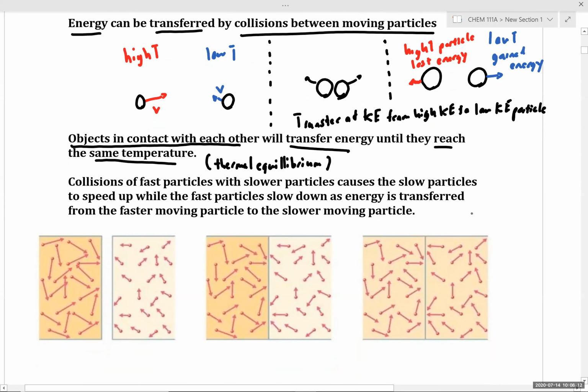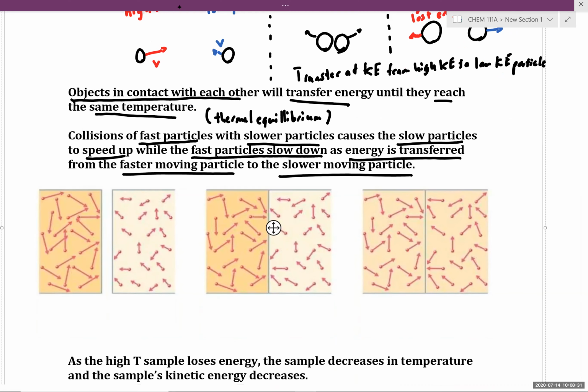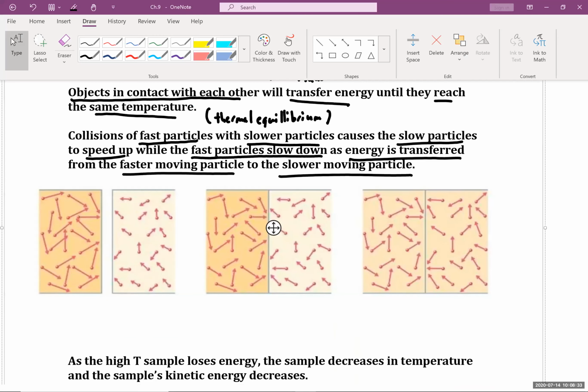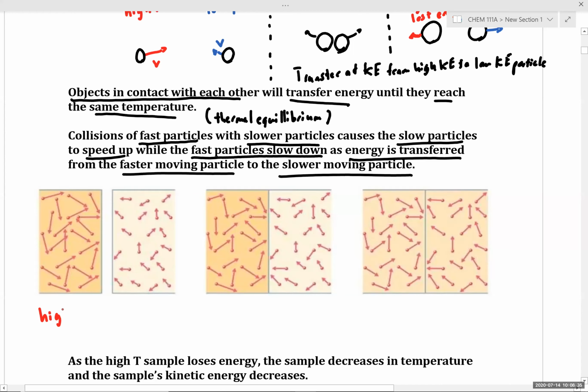So now collisions of fast particles with slower particles cause the slow particles to speed up while the fast particles slow down as energy is transferred from the faster moving particle to the slower moving particle. So for example, in this picture, just like in our micro scale depiction, we have a high temperature sample with a large kinetic energy.